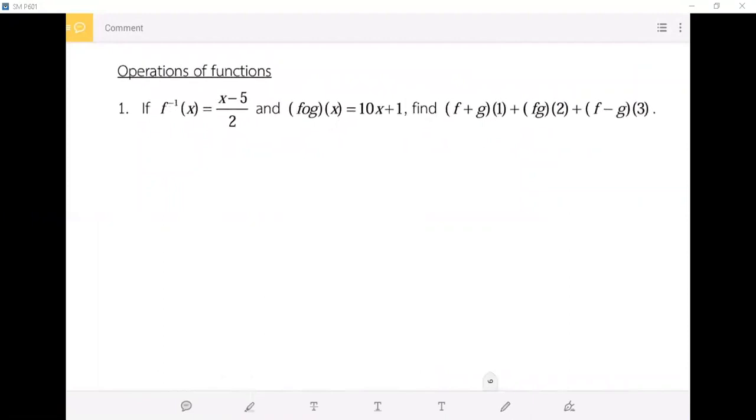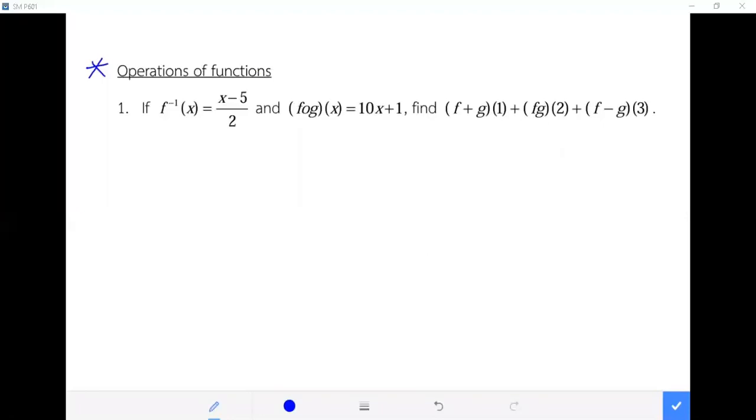Operation of functions. Okay, this topic, I don't have enough time to teach you in the class, but it's so easy. If you have, let's say, (f plus g)(x), that is equal to f(x) plus g(x).